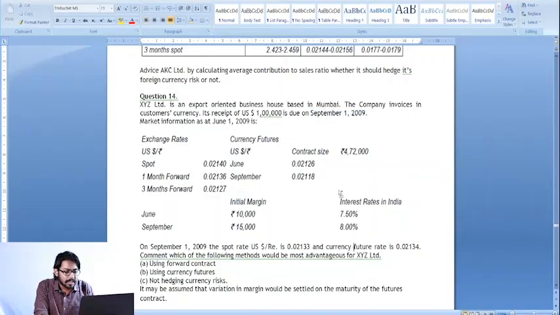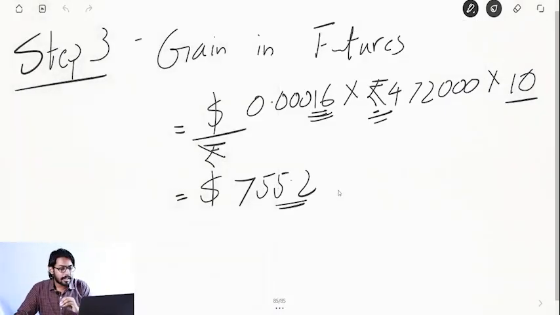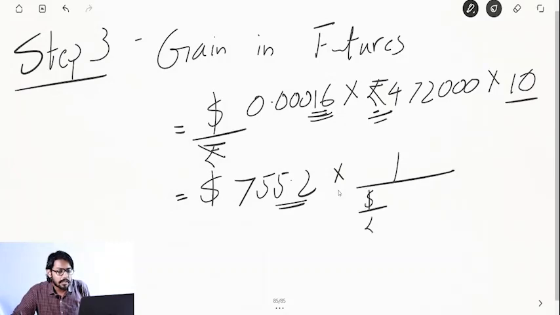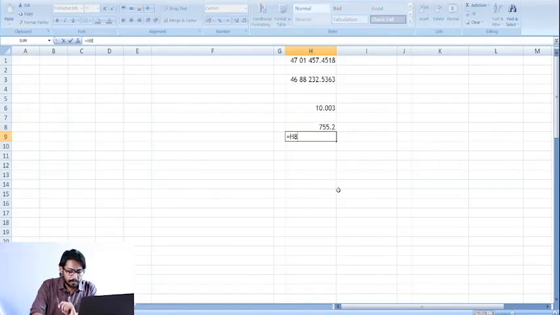The spot rate on the due date is 0.02133 dollar by rupee. So convert that to rupees into 1 by 0.02133.